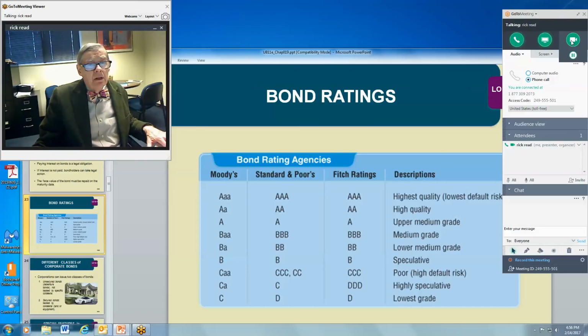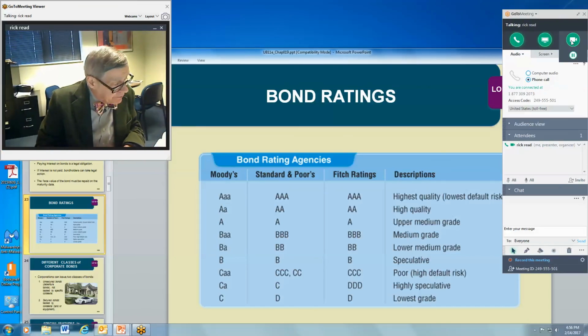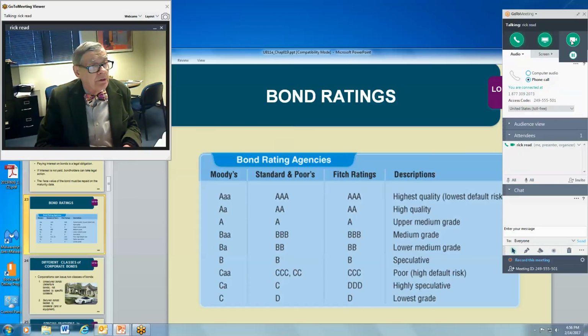Now, this particular slide we have here is the bond ratings, which you can see in your textbook, figure 19.3 at the top of page 541. I'm not going to go through these with you. You can look at them yourself. Just understand that whatever's at the top is the best, and whatever's at the bottom is not good. You're getting down here into speculation.